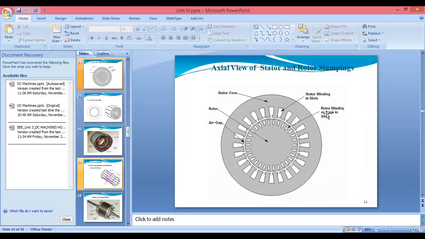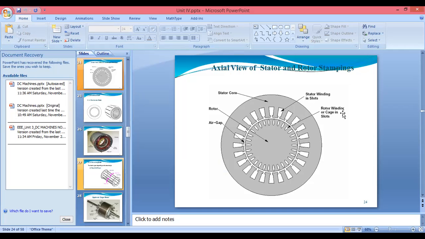And if you see the axial view of the stator and rotor for the slip ring induction motor, we can say this is the outer covering, the yoke, the outer frame. After that, we are using the stator core. On that stator core, we are putting the stator winding in the slots.